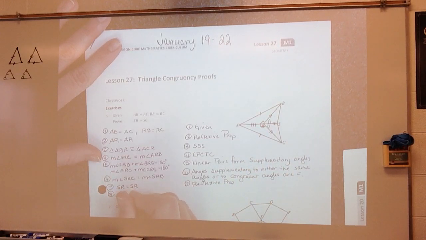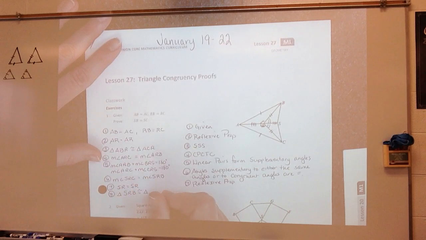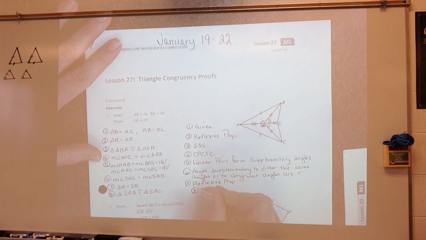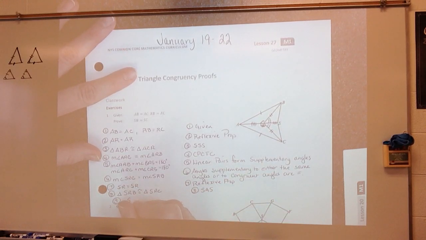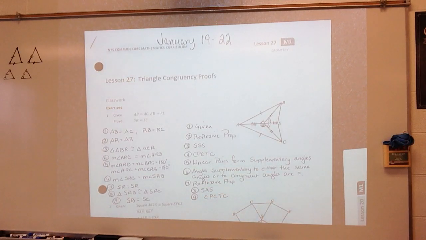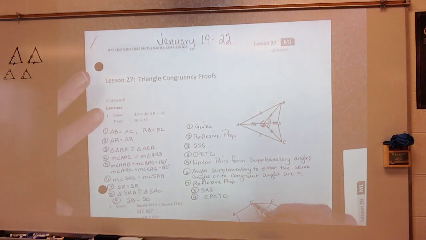So triangle SRB is congruent to triangle SRC. How do I know that? By side angle side. And now that I've proven those two small triangles congruent, SB is equal to SC because of CPCTC. Corresponding parts of congruent triangles are equal in measure.